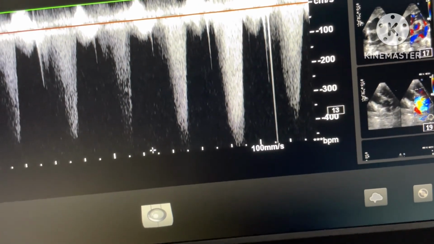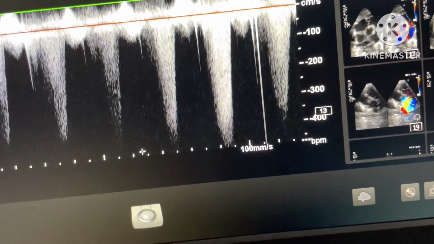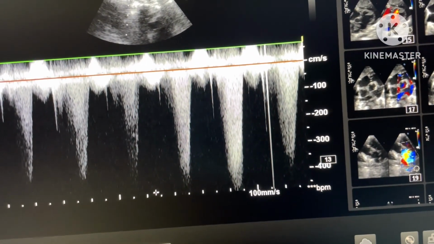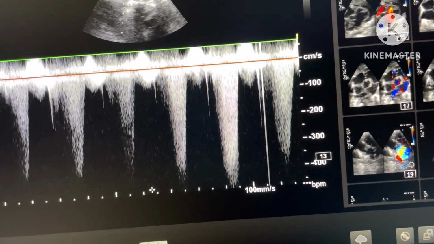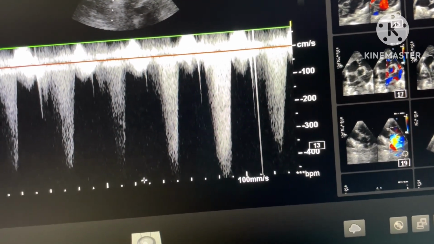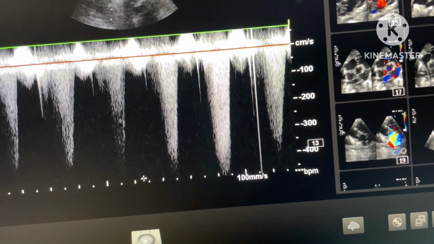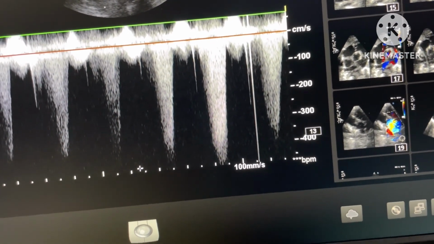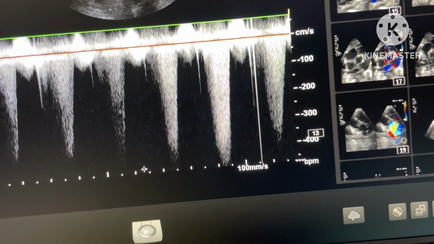So RVSP equals 83 millimeter of mercury plus right atrial pressure. If you add right atrial pressure 10 to 15, then it will become even more than 95.